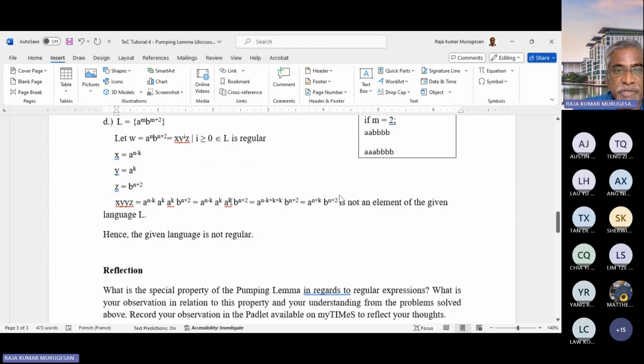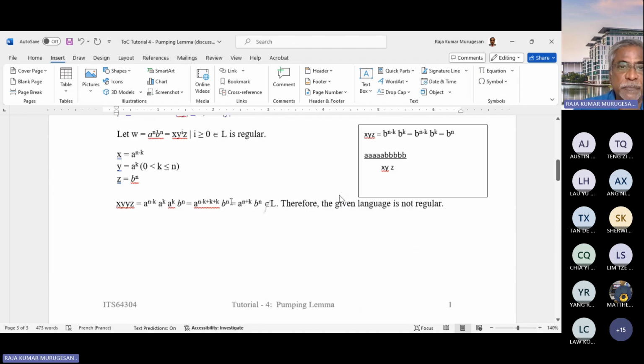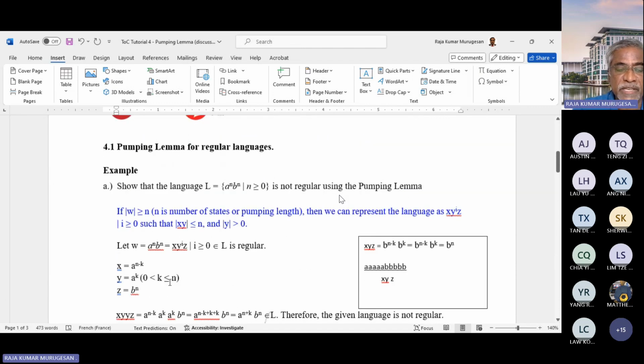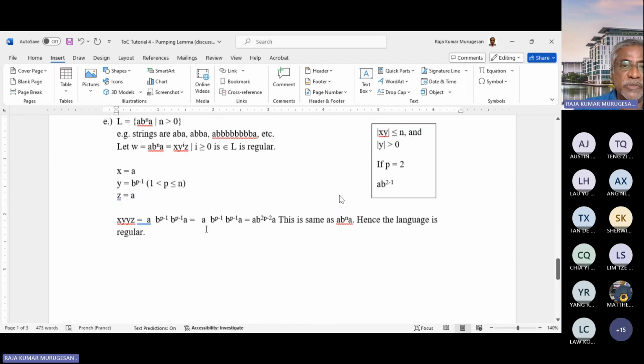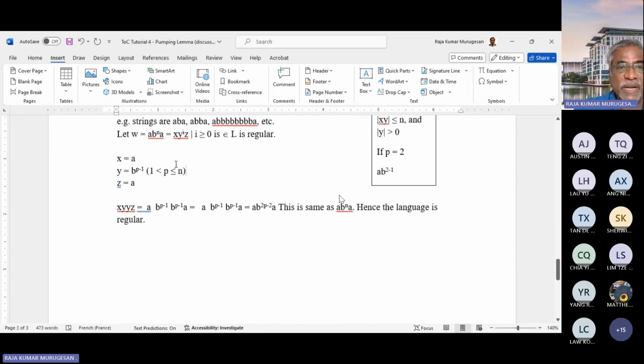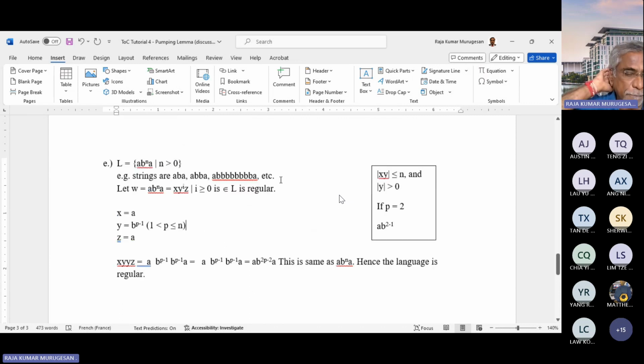In earlier cases, we took k as greater than 0 and less than or equal to n. In this particular case, p has to take a value greater than 1 but less than or equal to n. That's why we are taking p as 2. Your n can be 2, and n can be more as well.